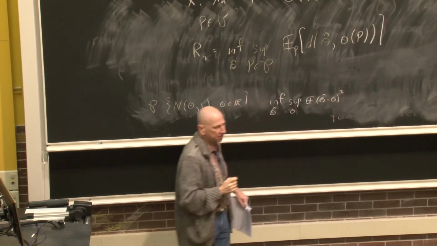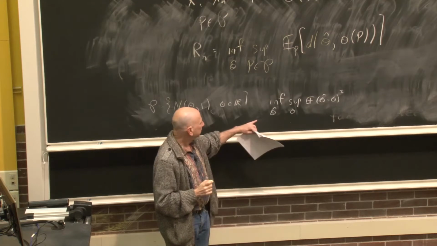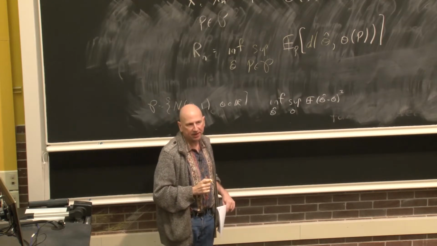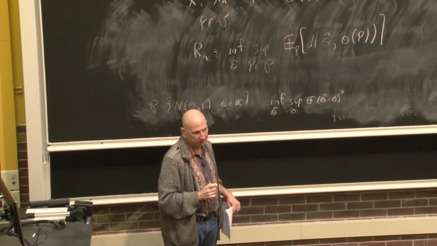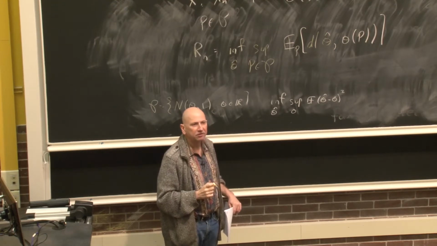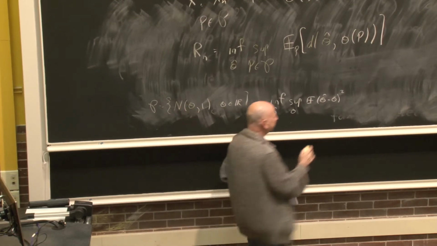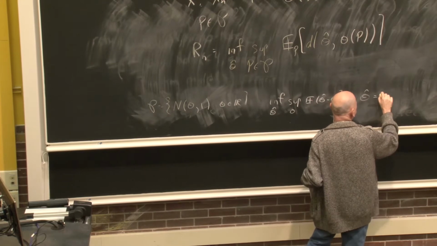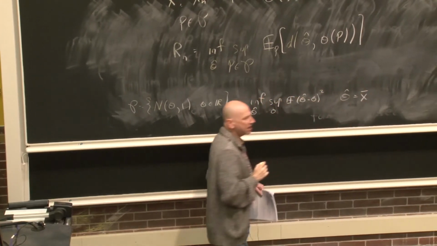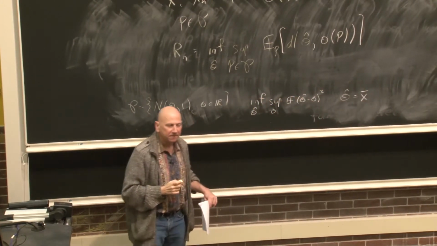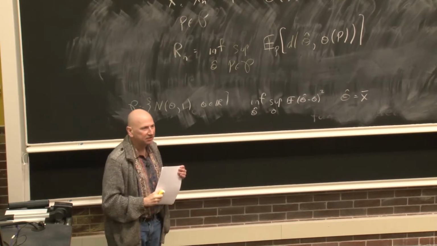That's what we did in 705. And what is the minimax estimator in that case? Hopefully, what's that? Sample mean, thank you. In that case, we knew that we could compute the minimax risk, the minimax estimator. It was just the mean. That was a simple problem.